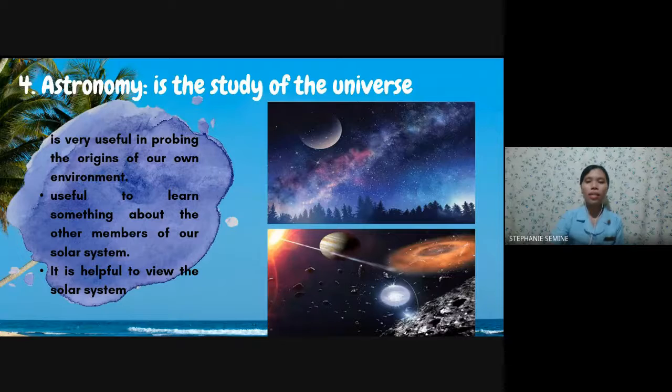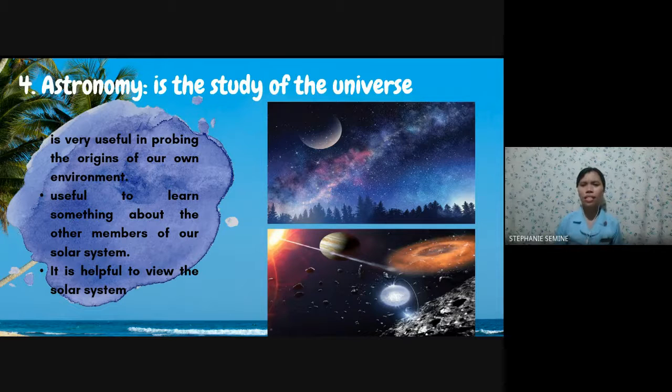So, astronomy talks about the things that we look up at in the sky at night. Okay, so the lovely moon that shines its light for us, and the twinkling stars that make us dream at night, the planets that revolve around our sun, and the comets and shooting stars that fascinate us.